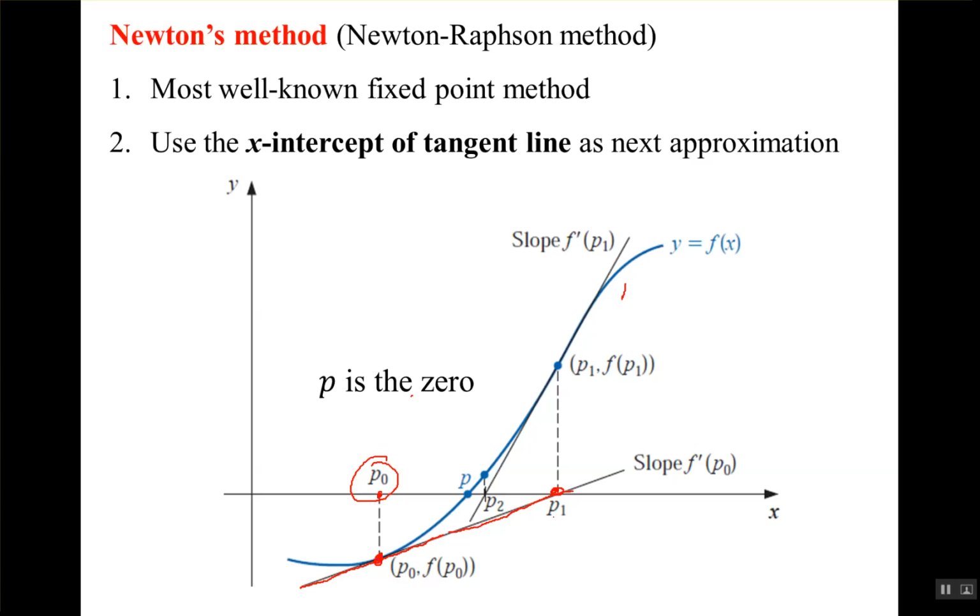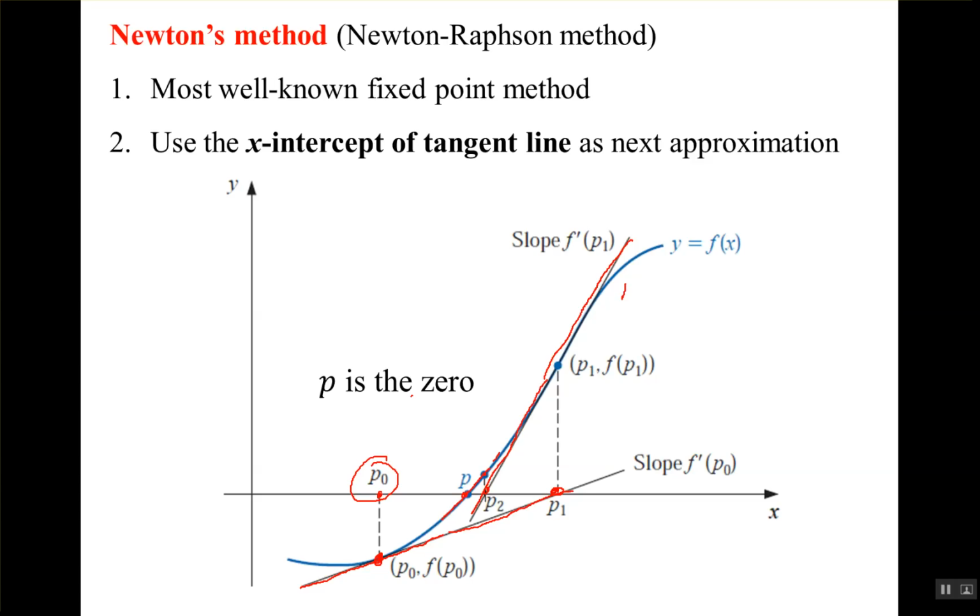To find p2, repeat this process. Find the tangent line at p1, which is this line, and then find the x-intercept of this tangent line, and that would be your p2. Repeat this process to find p3: you find the tangent line when x is p2 and find the x-intercept.